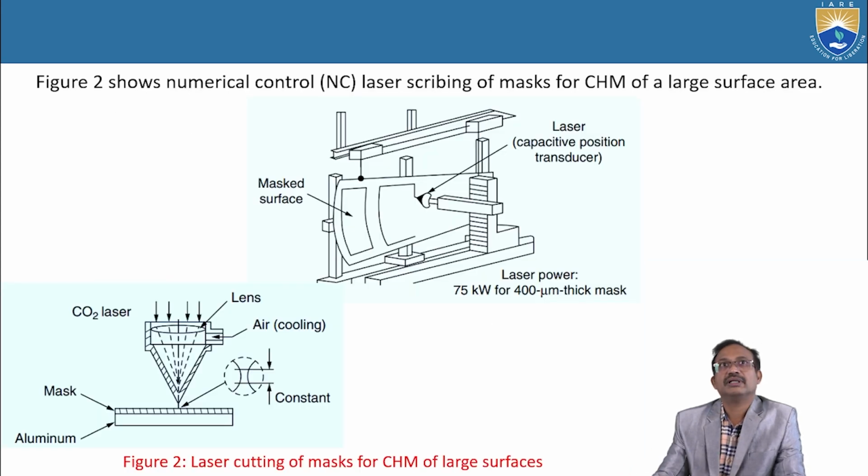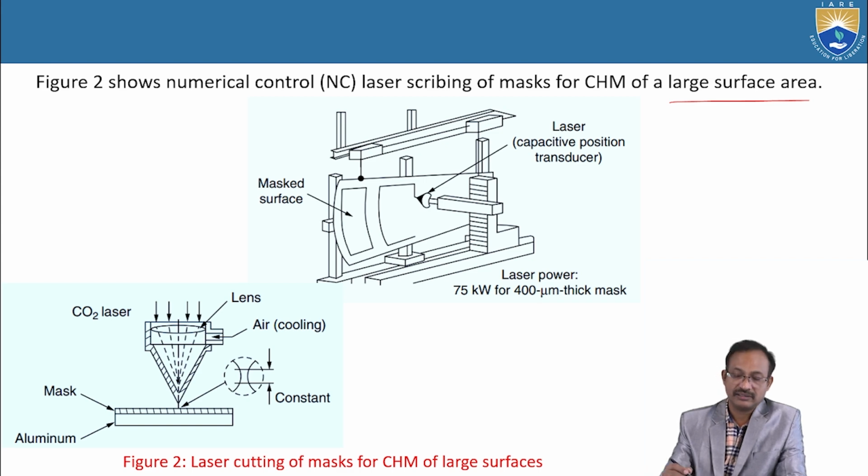Now let us look at this figure. Laser cutting of masks for chemical milling of large surfaces. When the surface size is very large, let us look at this numerical control laser scribing of masks for chemical milling of a large surface area.